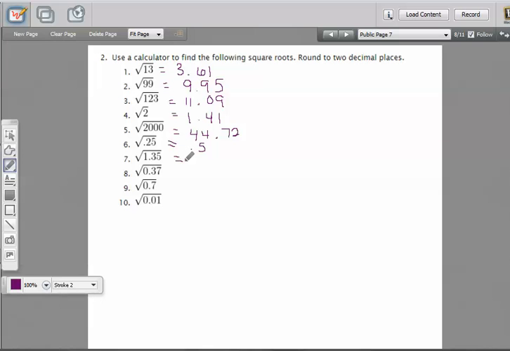The square root of 1.35 is 1.16. The square root of 0.37 is 0.61. The square root of 0.7 is 0.84. And the square root of 0.01 is 0.10.